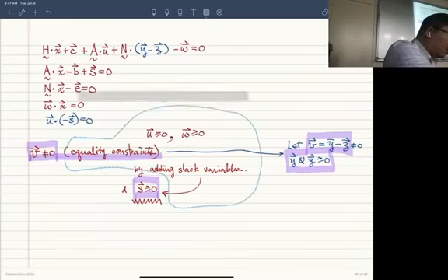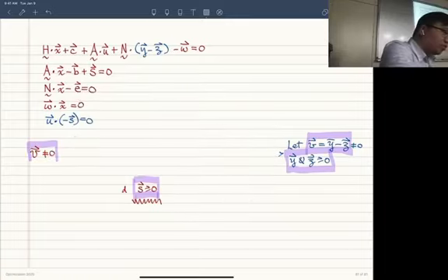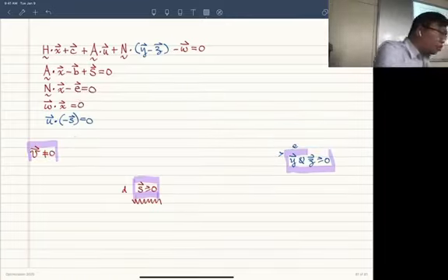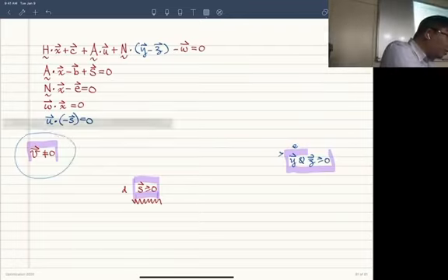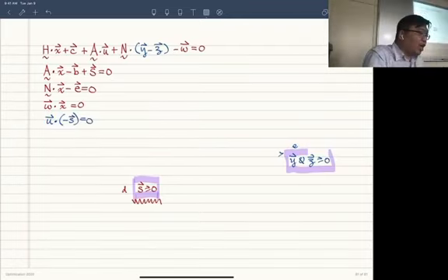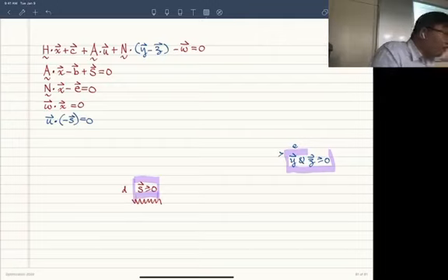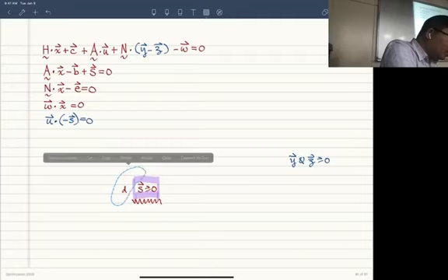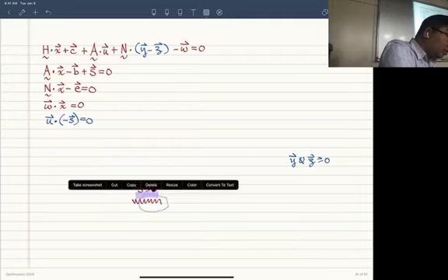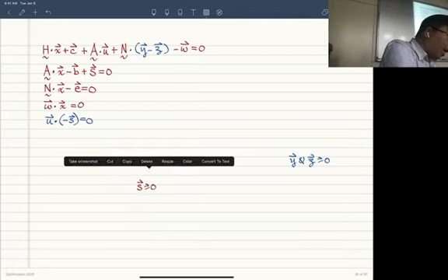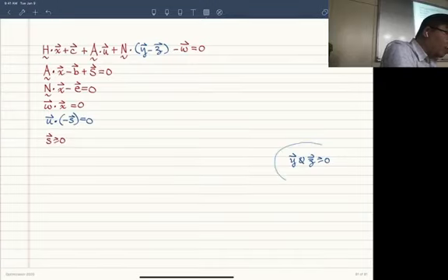So what are the rest? We already have those. So the rest are just basically, we don't need this. We basically have a bunch of variables larger than 0. Right? So S should be positive, Y and Z should be positive.